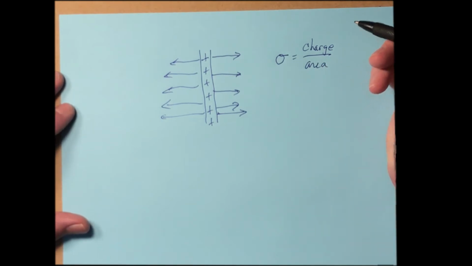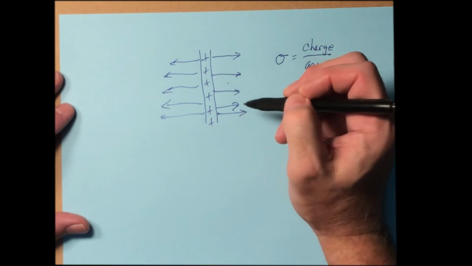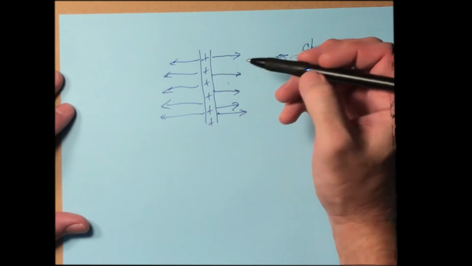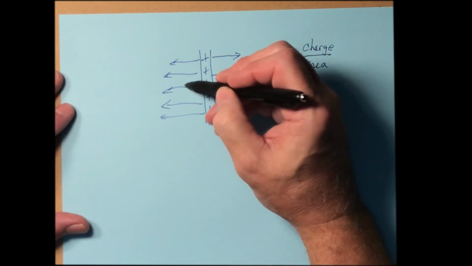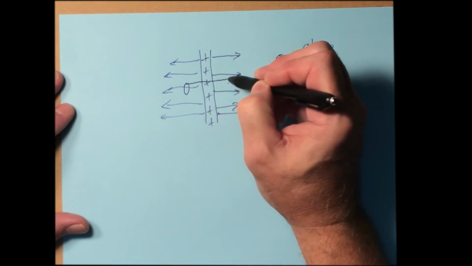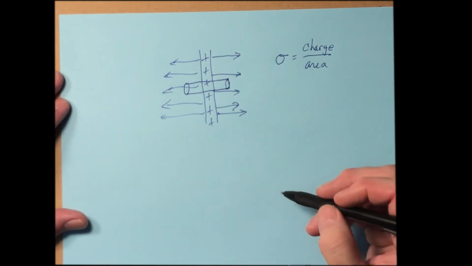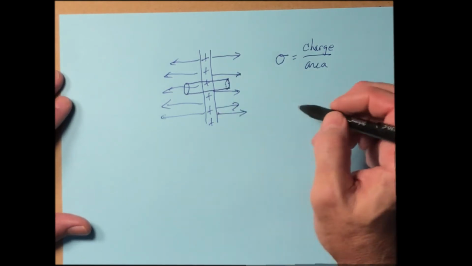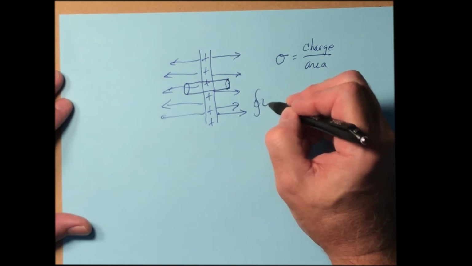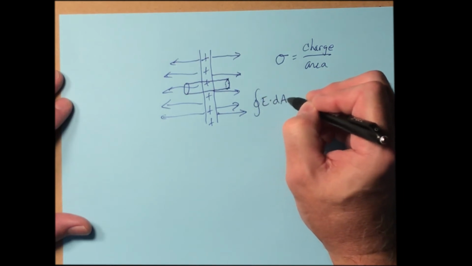And now we can use Gauss's law to figure out what the electric field is at a point, just like we did previously. In fact, you can probably already imagine that something like a cylinder is going to be the best geometry here. So let's work it out. Closed integral E dot dA.